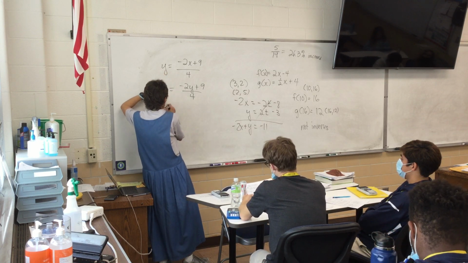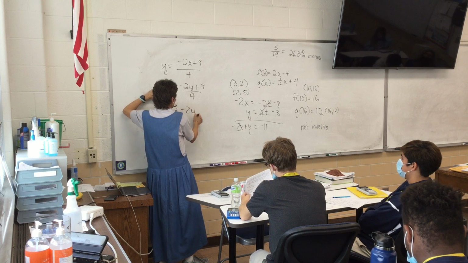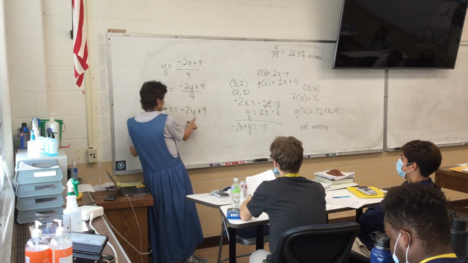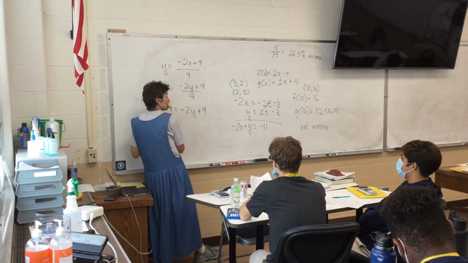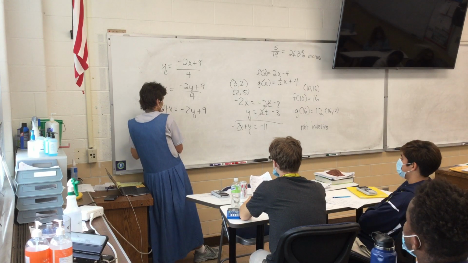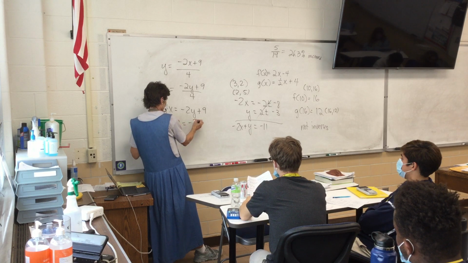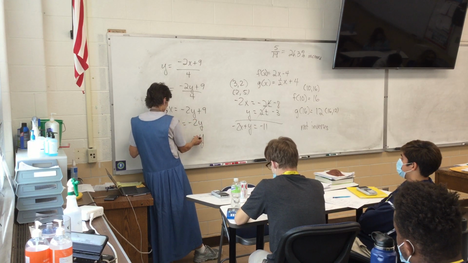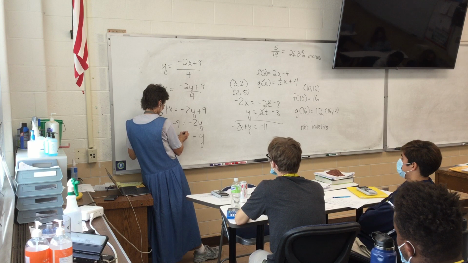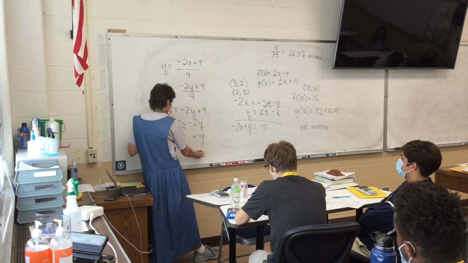So we're going to move the 4 over. We're trying to get Y by itself, so what will we do next? Subtract the 9. And then divide by -2. And there's our inverse.